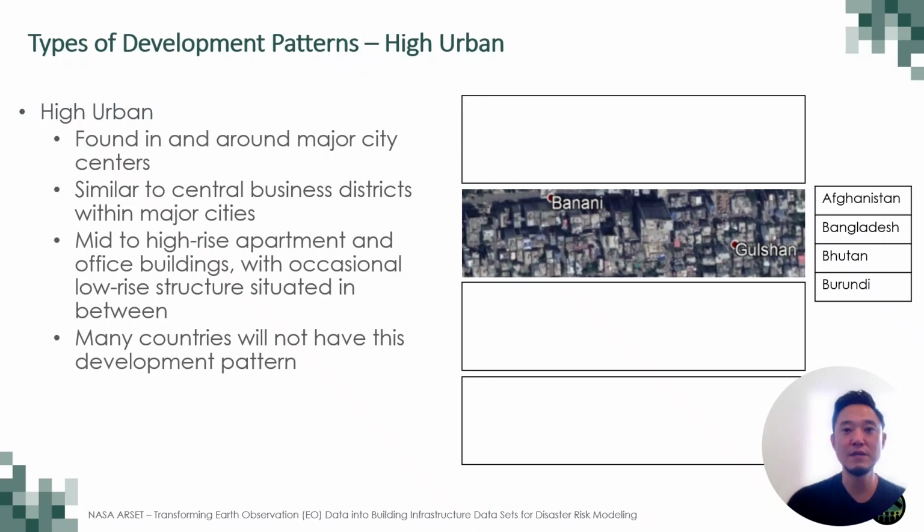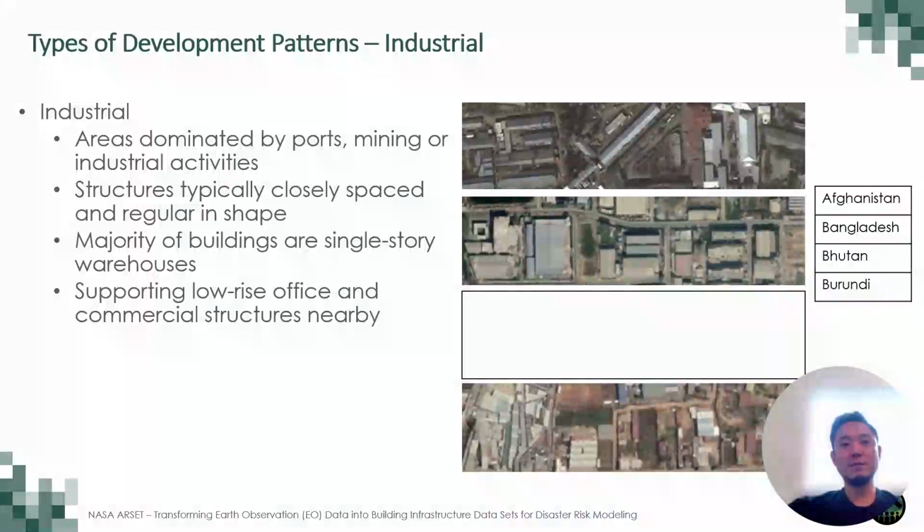You can see how tall they are from the shadows, and just the angle of this image. Again, not every country's going to have it. So this is why we're going to start seeing phasing out of this development pattern in a lot of the more underdeveloped areas.